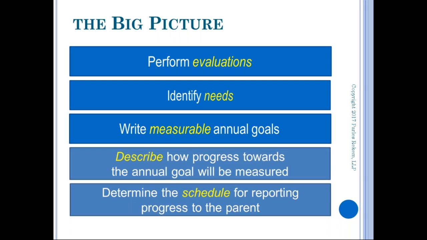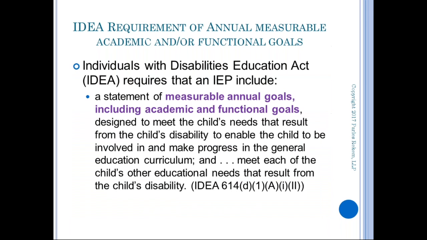This all gives us information about what the student can do right now, because in the end, we want the student to reach their post-secondary goal, just like their non-disabled peers. Then we go into describing how progress towards the annual goal will be measured and determine the schedule for reporting progress to the parent. The first part, I'm going to talk about the goals, and Denise will talk about progress monitoring.